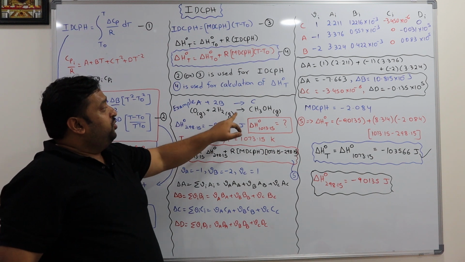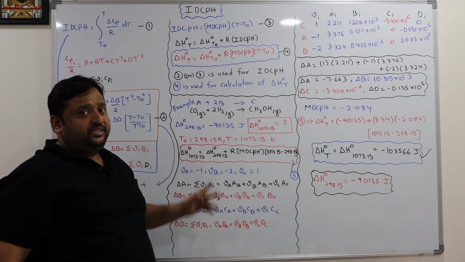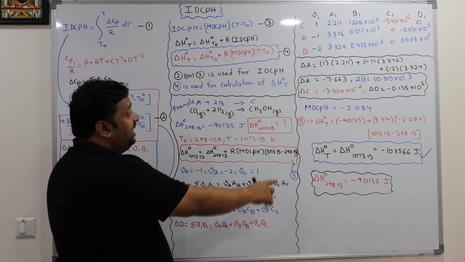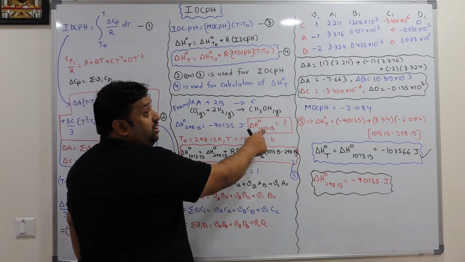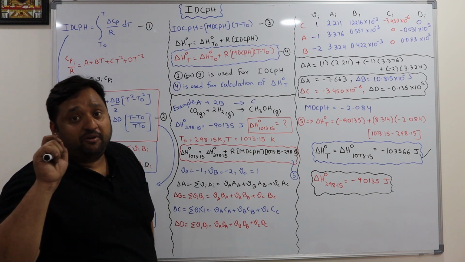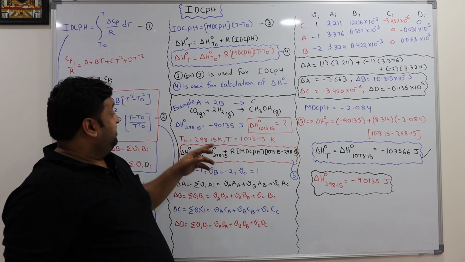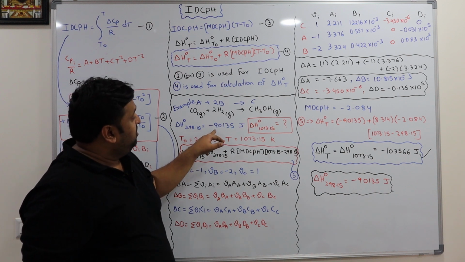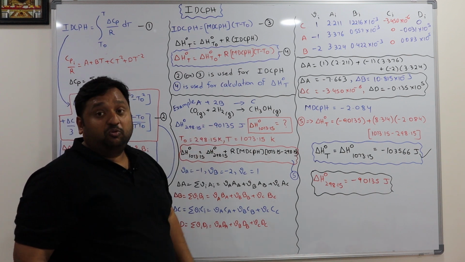CO plus 2H2 gives rise to CH3OH. This is the reaction. You have to find the enthalpy of this reaction at 1073.15 Kelvin. Given the enthalpy of reaction at 298 is equal to minus 90135 joules.